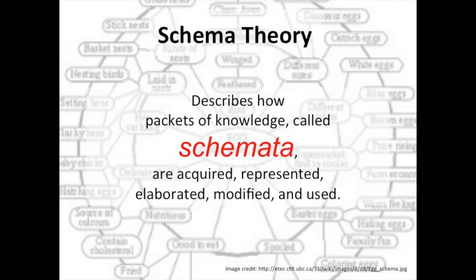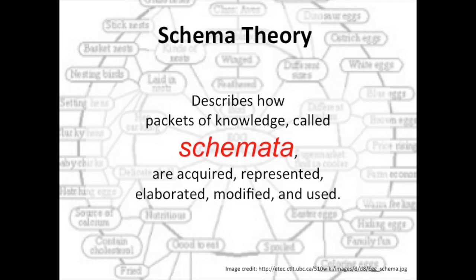Anderson, Spiro, and Anderson revised meaningful reception learning to address areas of the theory that they found vague and inconclusive, and called this Schema Theory. Schema refers to a data structure for representing the generic concepts stored in memory.